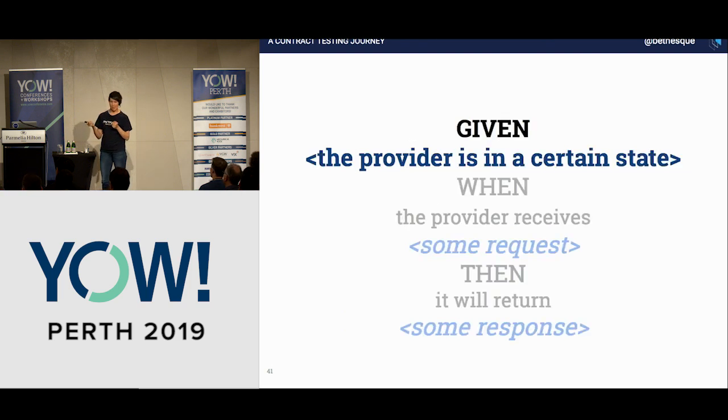So what we needed to add was a way to set up the data, a way to tell the test what we expected was going to be on that provider, so that when we ran the test, we got back the response that we expected. This is what we call provider states. So now we can say, given that there is an alligator Mary, when I run this request for an alligator Mary, I get back the alligator that I expect.